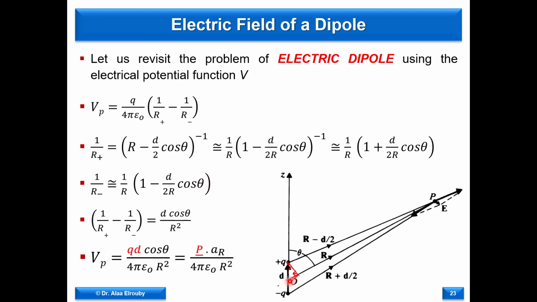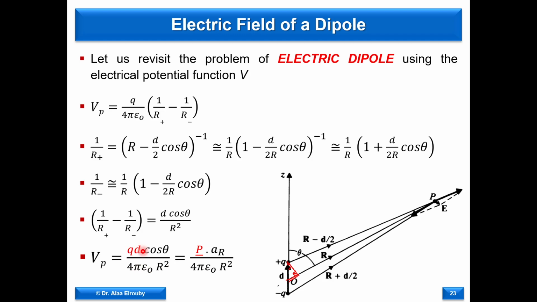So r minus is larger than r, and r plus is smaller than r, and that's why we have a different sign for 1 over r plus and 1 over r minus. When we take the difference, it will have this expression. Just substituting here, we find the potential at the arbitrary point equals q d cosine theta divided by 4 pi epsilon r square.